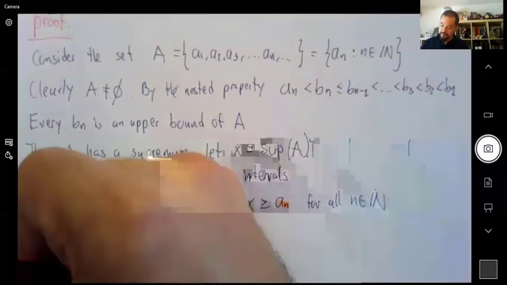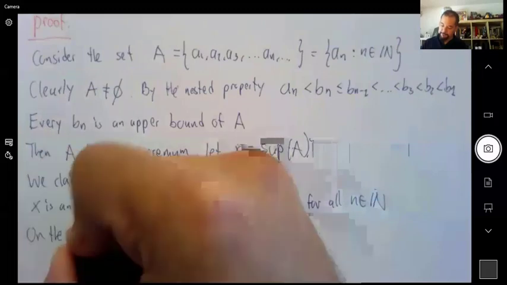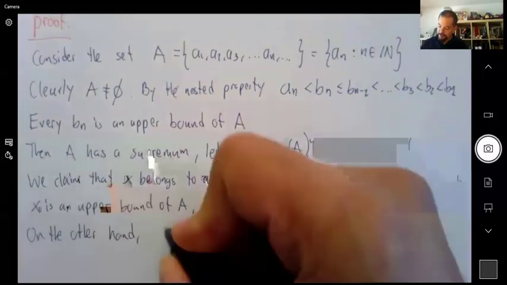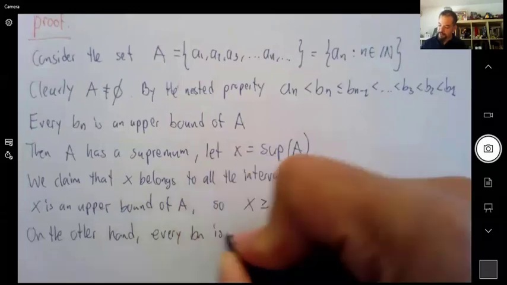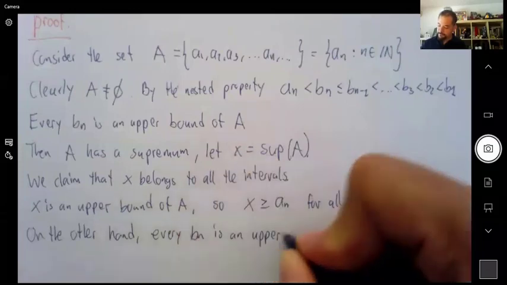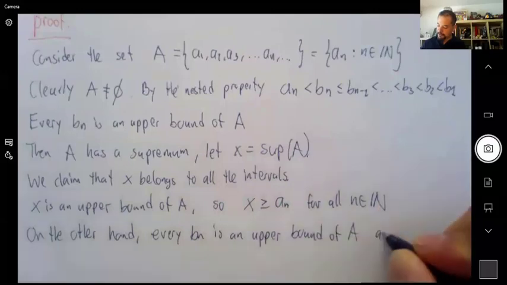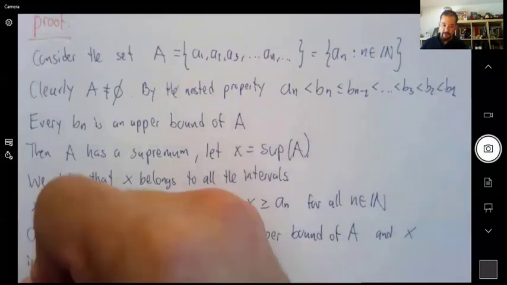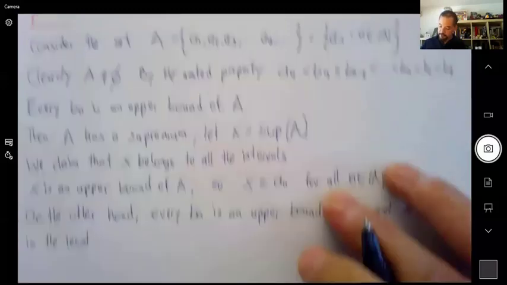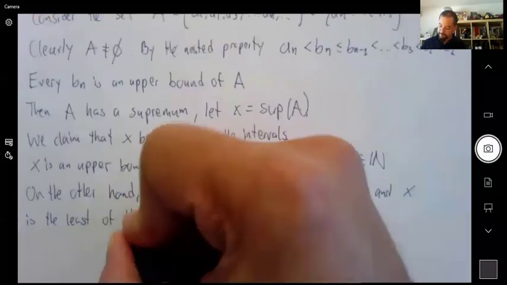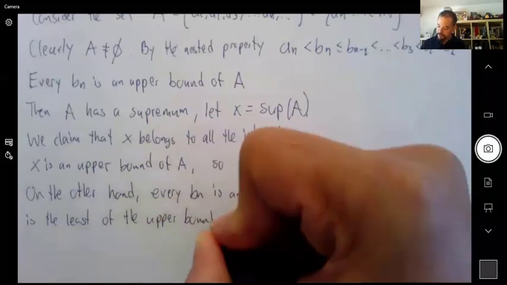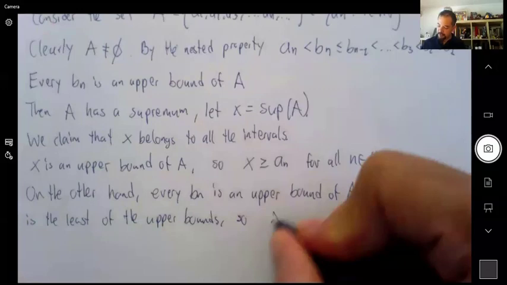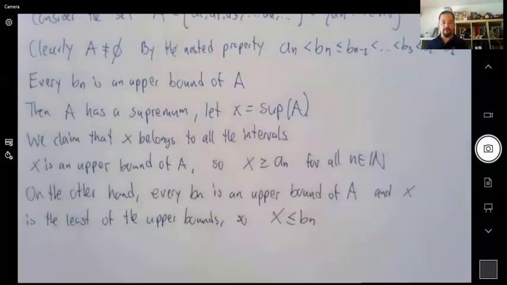On the other hand, every B_n is an upper bound of A, and X is the least of the upper bounds. So X is less than or equal to B_n, right? For every n.